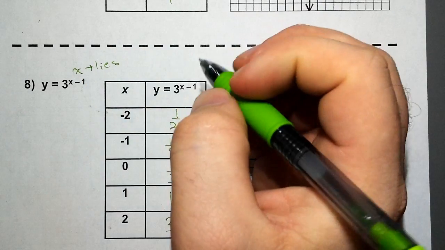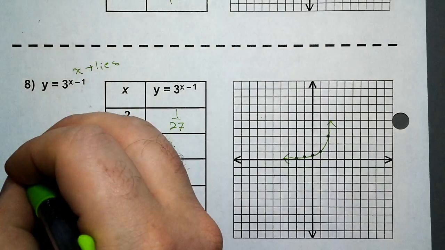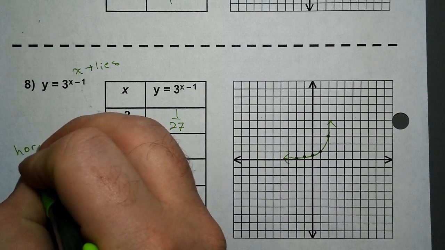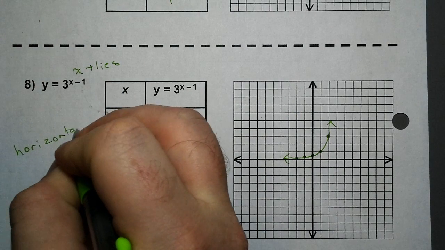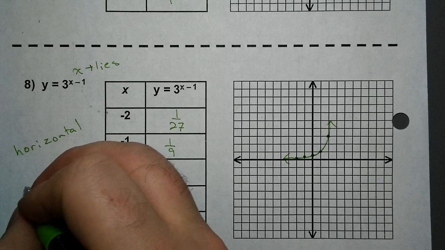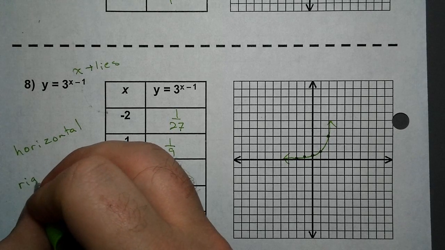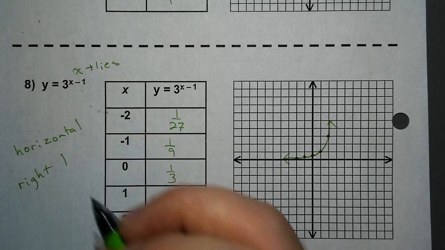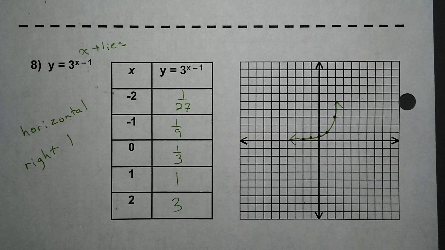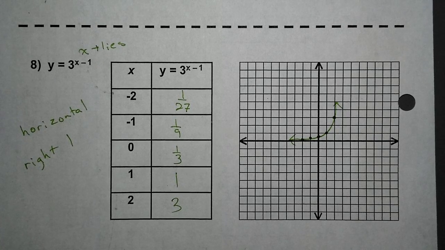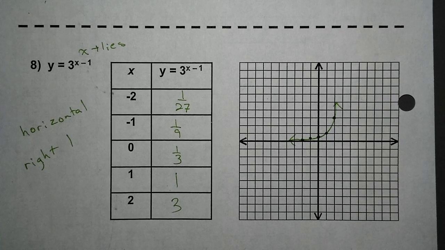So this is actually one space to the right. Horizontal, right, 1. So basically we had very close to the same equation each time, very close to the same exponential. It just shifted or reflected depending on what we did to the equation.